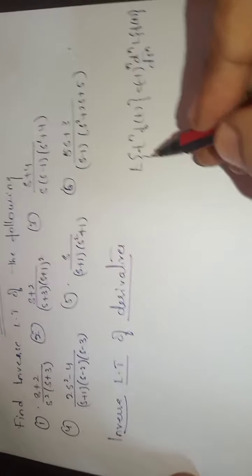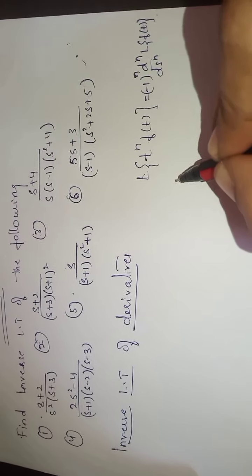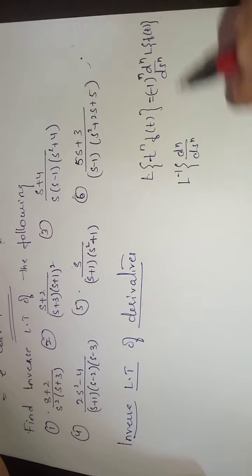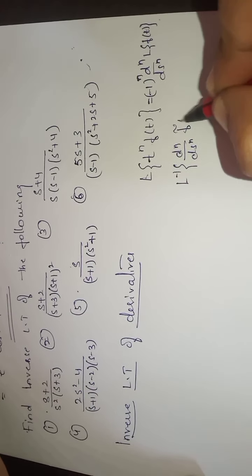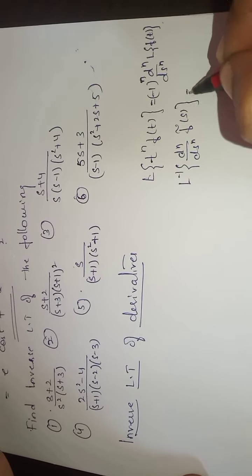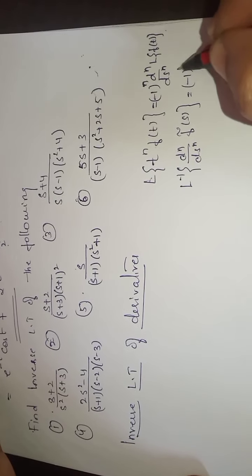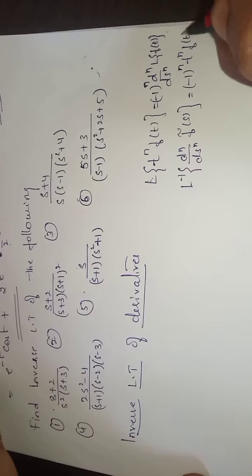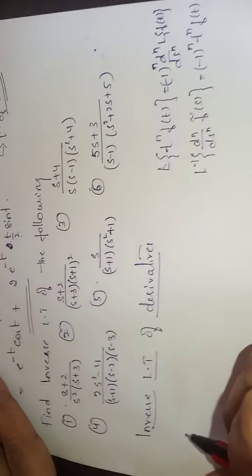From here itself, you can write the Laplace inverse of the nth derivative with respect to s of f bar of s is equal to minus 1 to the power n t to the power n into f of t. What is your f of t? It is the inverse Laplace transform of f bar of s.